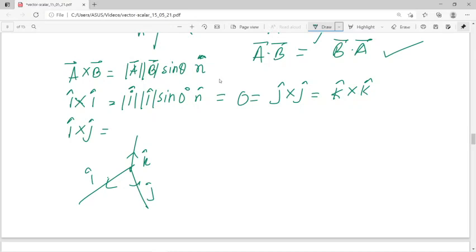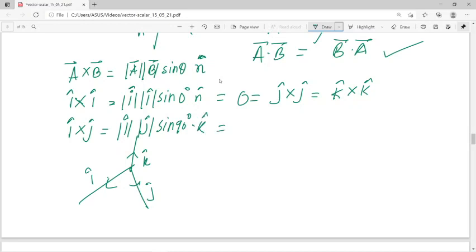When you are finding the unit vector perpendicular to the plane, that is the z direction, so here n cap is K cap. So we have magnitude of I cap, magnitude of J cap, sine 90, because I and J are along the x axis and y axis and they are perpendicular, and n cap is K cap.